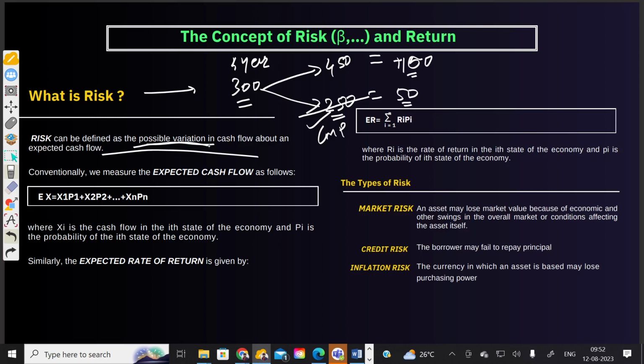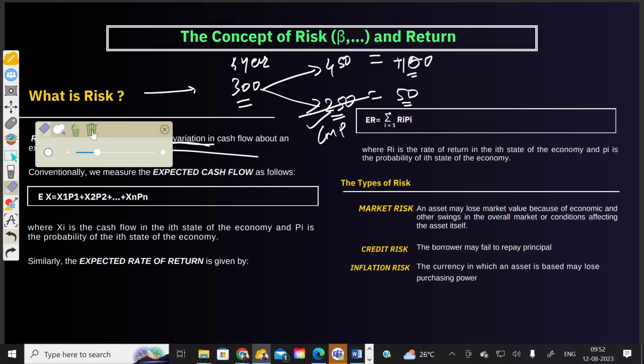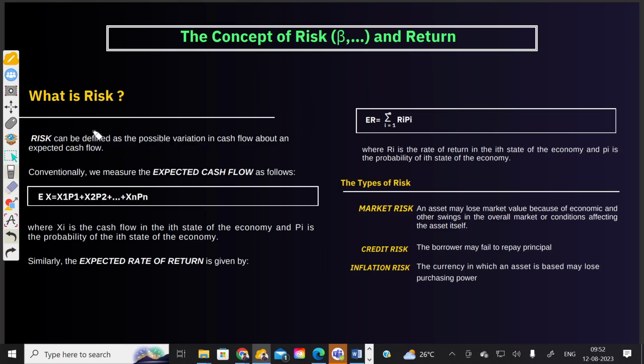Then accordingly you can calculate the possible beta, or I would say the risk of that particular instrument from time to time, and then you can take investment decisions. So I hope now you got the idea about why the beta is important.